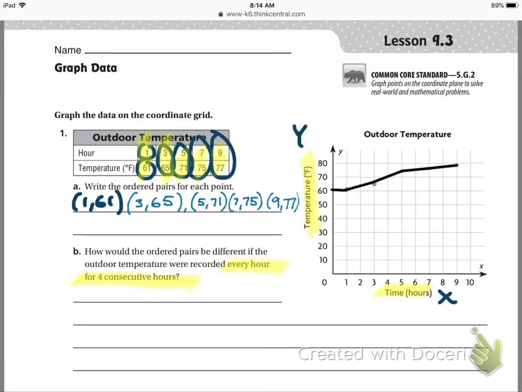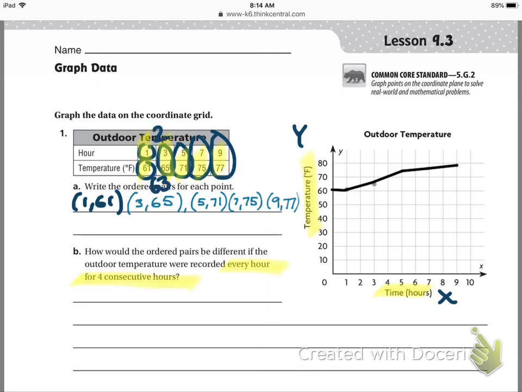So what I would say to this is that the temperature increased faster because we only recorded every 2 hours. So a possible answer might be there would be 4 ordered pairs, and you would record the temperature more frequently, or the graph would rise slower. Because think about it. If there was an hour 2 right here, wouldn't the temperature be like 63?